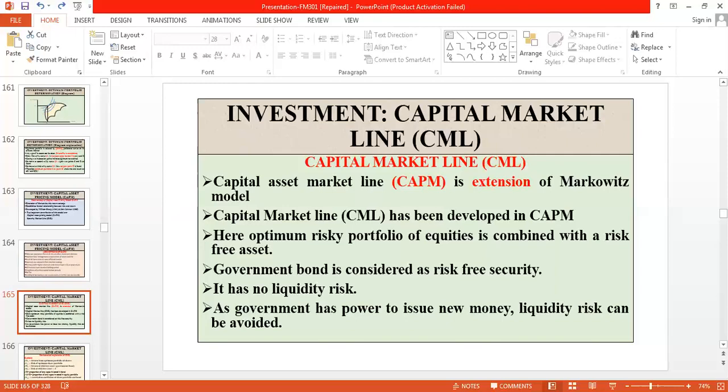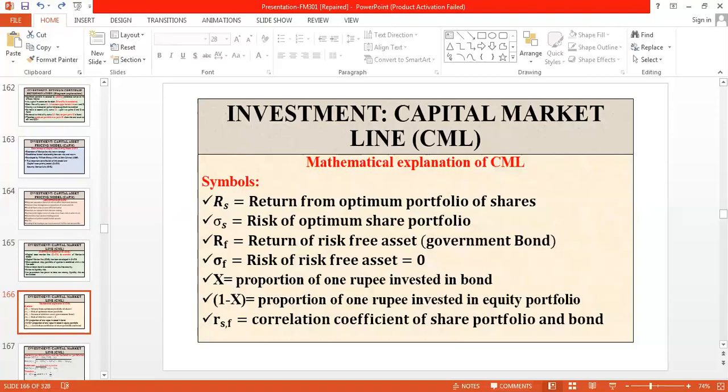If a liquidity problem exists, the government will print notes and circulate them in the economy to solve the problem. Since there is no default risk or liquidity problem, this bond is known as a risk-free bond. So we are combining the risk-free bond with the risky security.